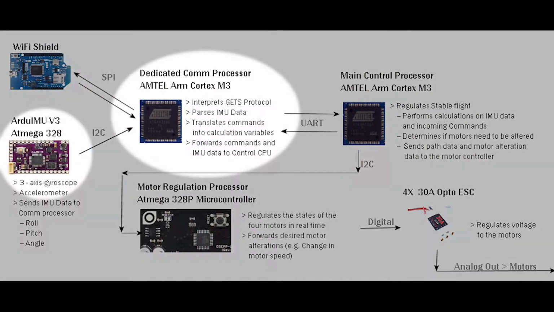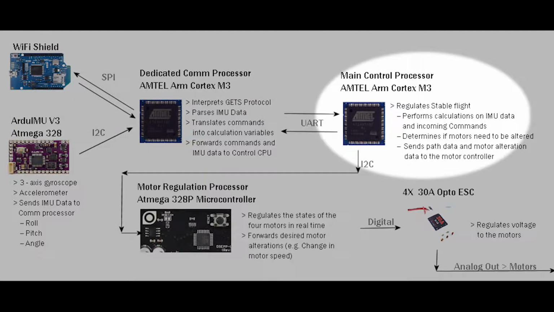where we'd have a separate board doing nothing but polling for sensor data and working with communication to get the commands through the Wi-Fi. And then we would have a computational processor.